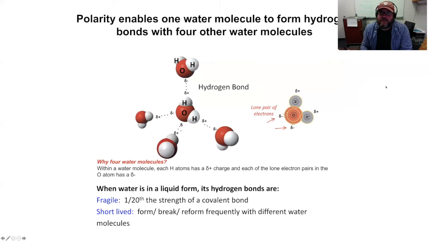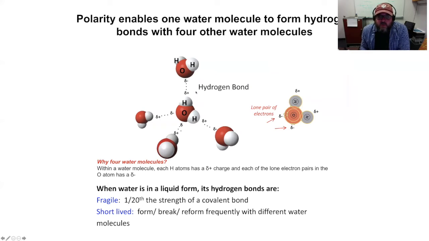So let's look at how that works out. Because each water molecule is sort of like a mini magnet, it'll form a weak bond with another water molecule. When it's in its liquid form, the positive regions associated with the hydrogen of one water molecule will form a weak bond with the negative regions of another water molecule.